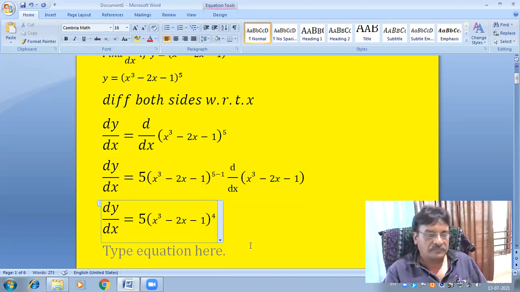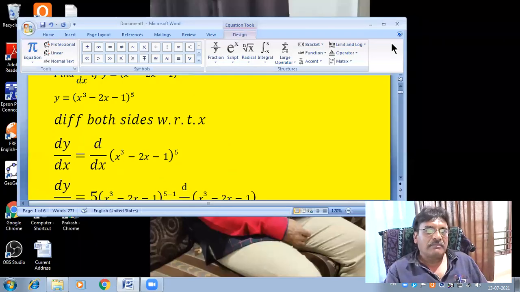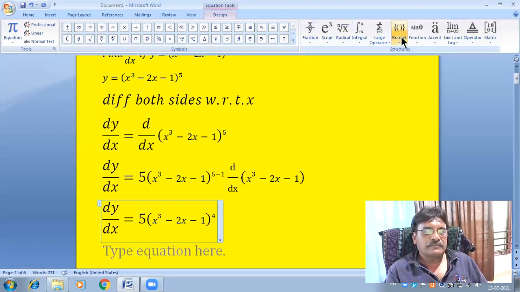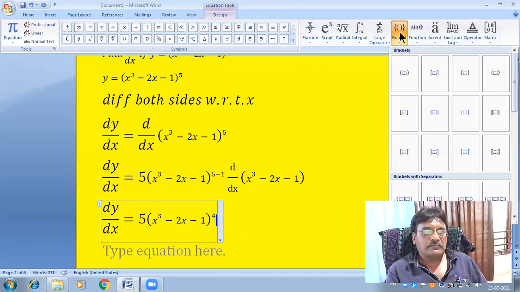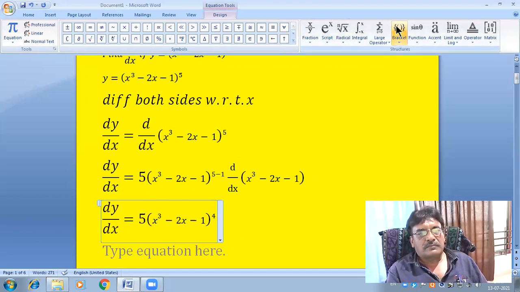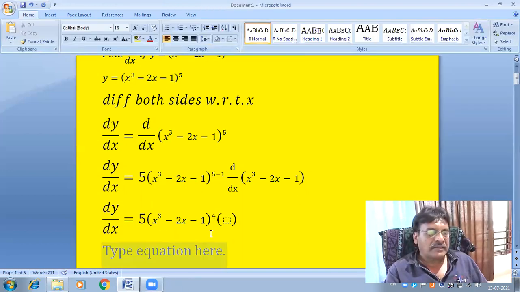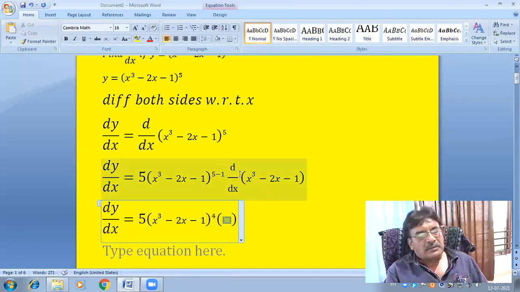Into, in bracket, here we use the addition and subtraction rule, that is ddx of u minus v is du by dx minus dv by dx.